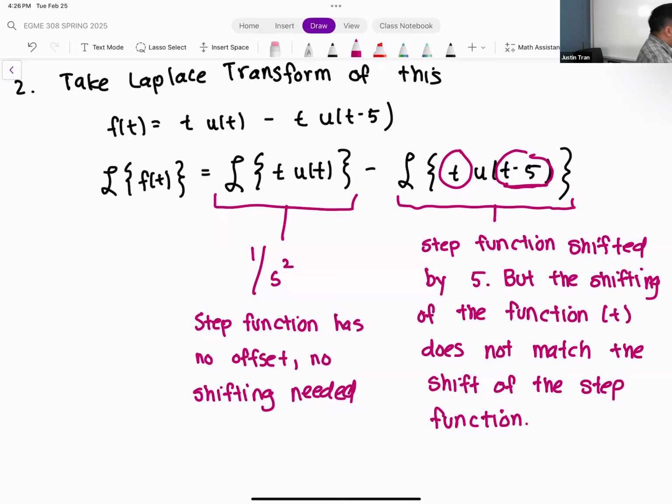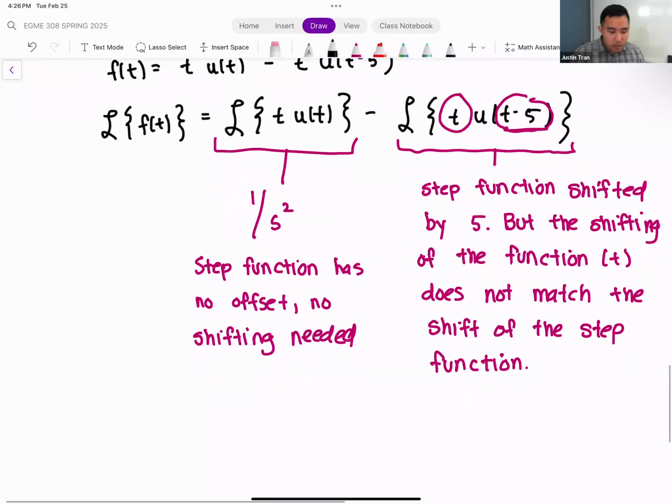Okay, so what can we do? We need to modify this function in order to match that shift. So in order to modify that shift, we're going to make use of the second shifting theorem, but a slight modification of it.